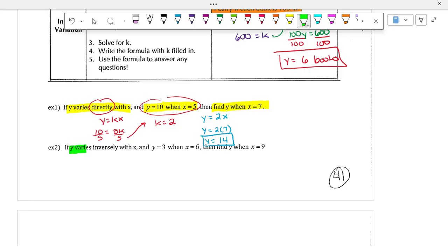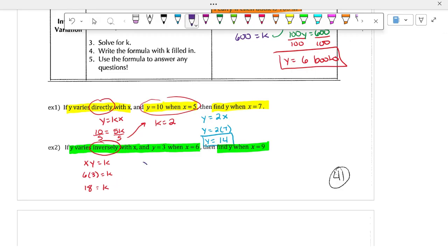So the second one, y varies inversely with x, and y equals 3 when x equals 6. Find y when x is equal to 9. So inversely, xy is equal to k. So I got 6 times 3 is equal to k. So what's k equal? 18.